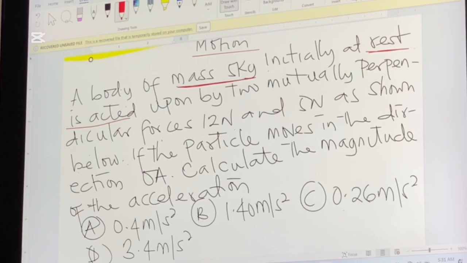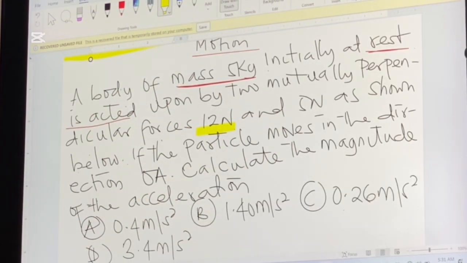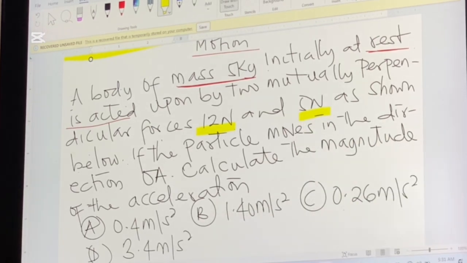A body of mass 5 kg initially at rest is acted upon by two mutually perpendicular forces, 12 newtons and 5 newtons, as shown below. If the particle moves in the direction OA, calculate the magnitude of the acceleration.